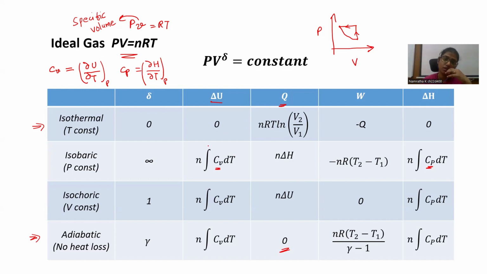So, considering that we have this situation, delta U is the integral of Cv dT. And same for the enthalpy in different processes.